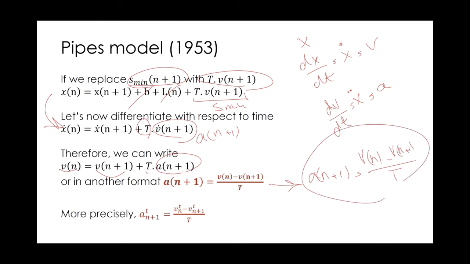And that's how Pipe's model works. So we have an equation for x, we have an equation for v, and we also have an equation for acceleration. And when we have all these equations of motion, we can actually start modeling car following.